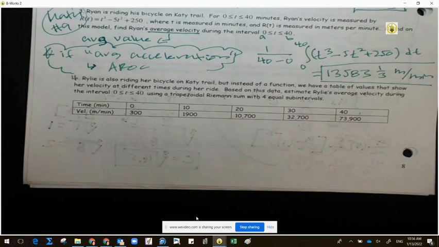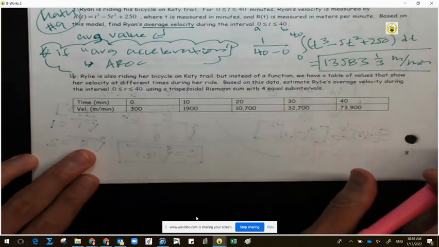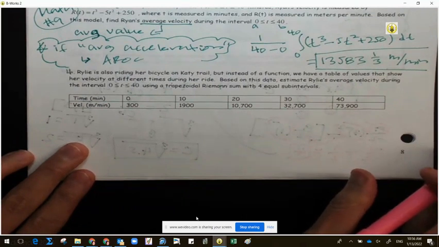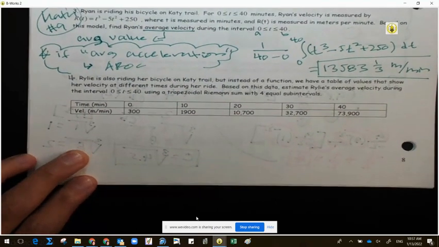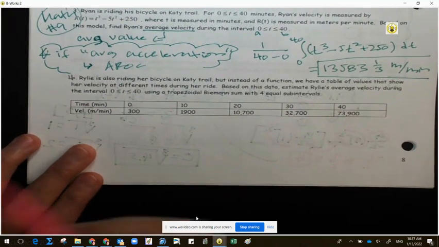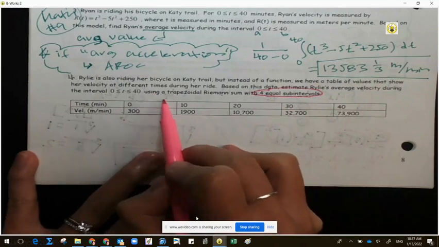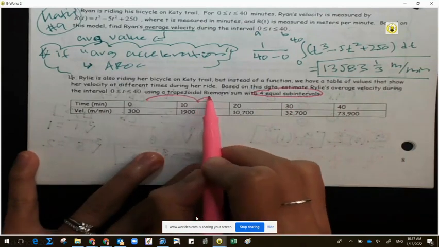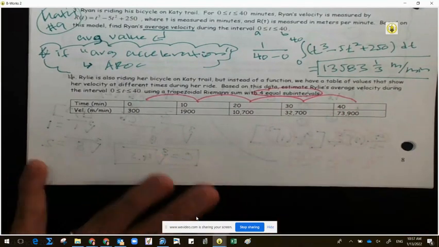Based on this data, find Riley's average velocity during the interval of 0 to t equals 40 using RS with 4 equal subintervals. So we have 4 equal subintervals: 0 to 10, 10 to 20, 20 to 30, 30 to 40.